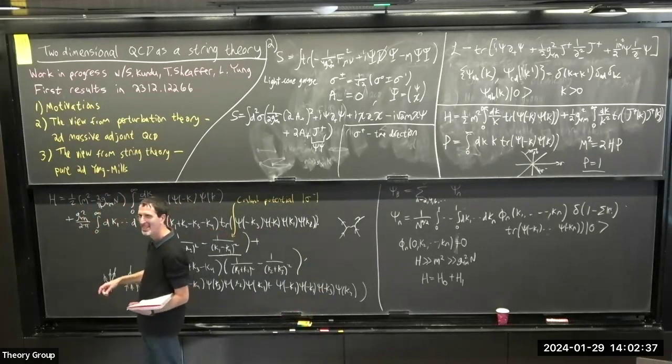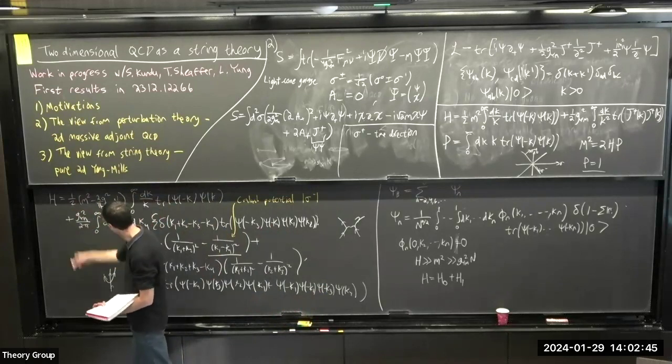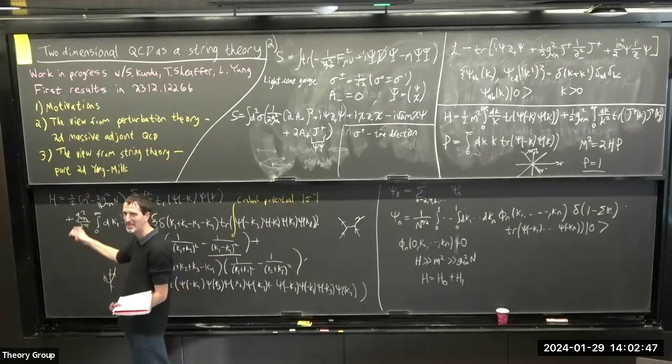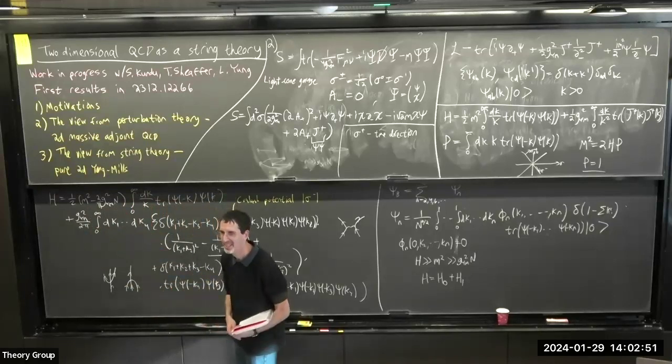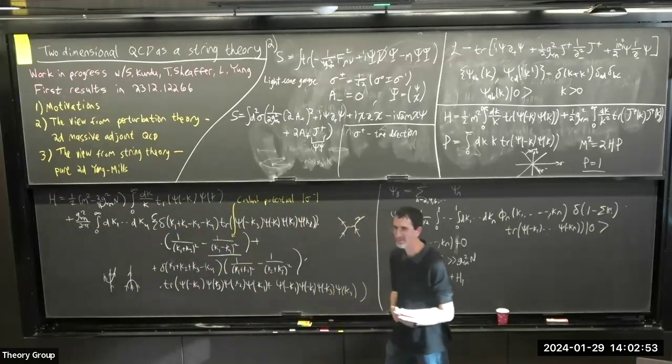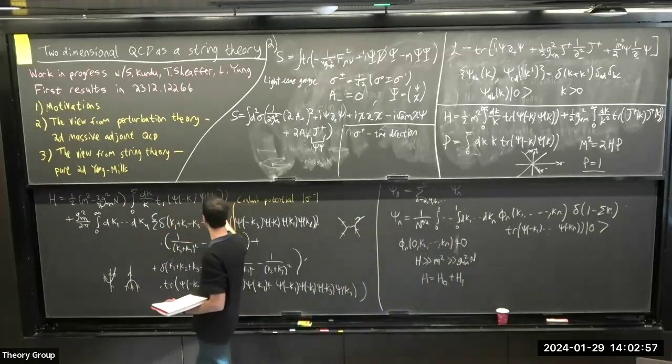But there's no pathology when you go to the other side. You might think that this becomes negative, but the interactions overcome that. There's a pathology if the mass squared becomes too small, of course, but as long as it's positive, I think there's no pathology even when you go below that value. That's not the regime we want to be in. We want to be in the opposite regime, but I think the model is fine also there.